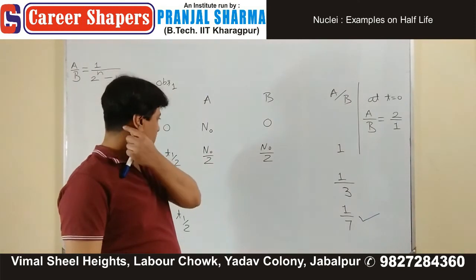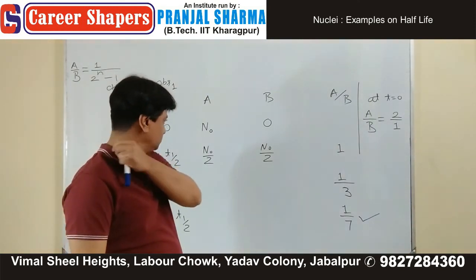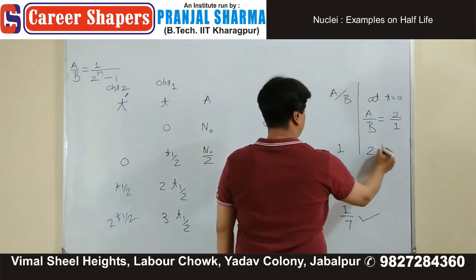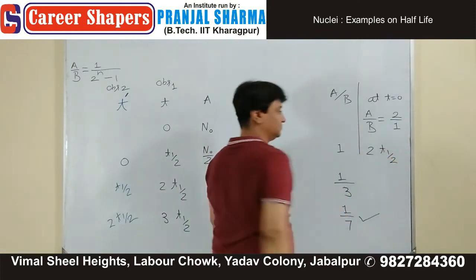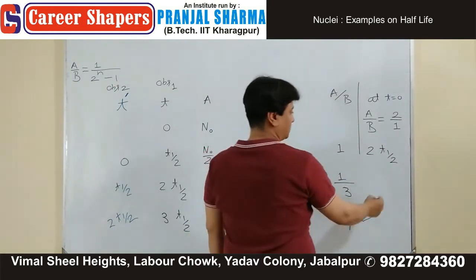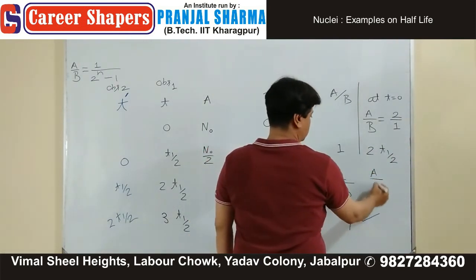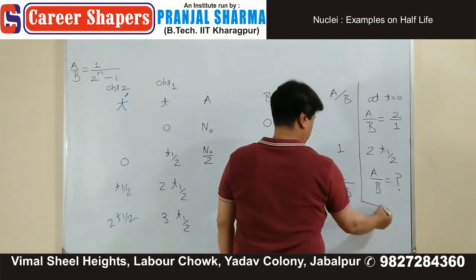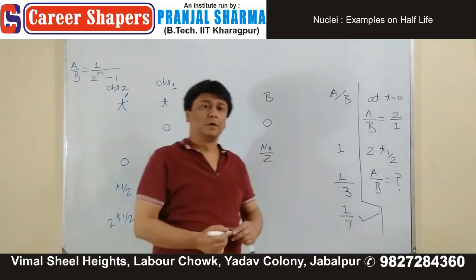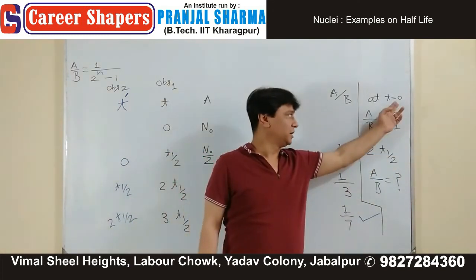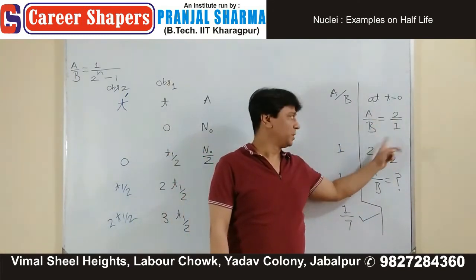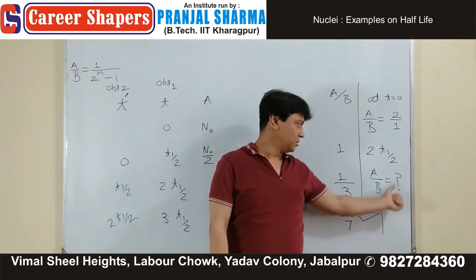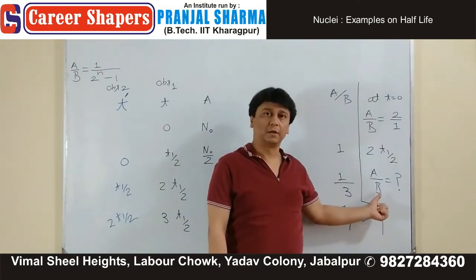Then after 2 T halves, find out A is to B. This time initially A is to B is 2. After 2 half-lives, what will be the ratio of A is to B?